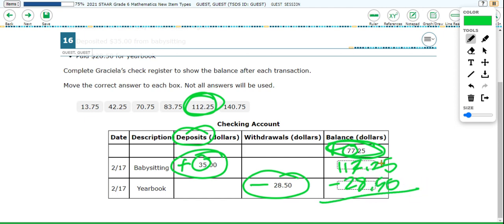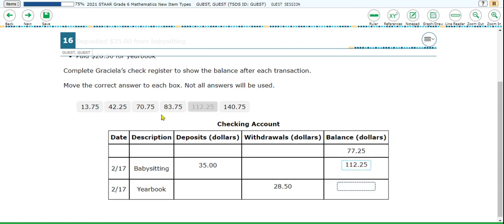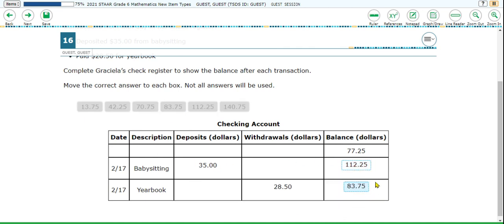That's going to borrow $1 there, so that's going to be 75, and 112. 100 minus 20 is 80, and it's a little bit over that, so it looks like it's going to be 83.75. So we add our deposit and then subtract our withdrawal, and we're going to end up with 112.25.